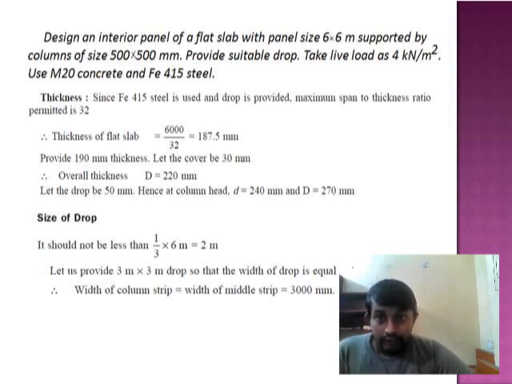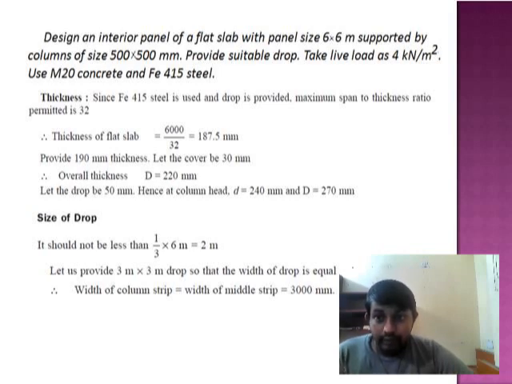Since Fe415 steel is used with a drop, as per IS code 456:2000, thickness of flat slab is span by 32, which is 6000 by 32, equal to 187.5 mm.